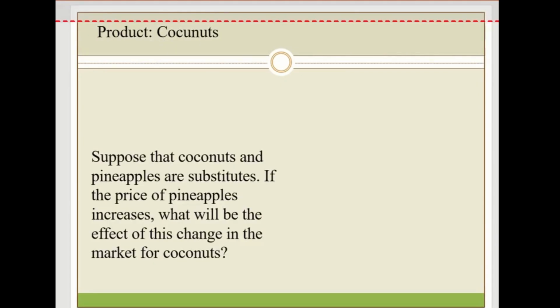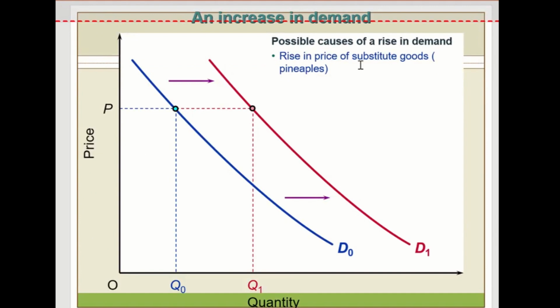That is illustrated. Possible cause of a rise in demand: the rise in price of a substitute good, in this case pineapples. So therefore, people will demand more coconuts, and therefore you have a shift of the demand curve.